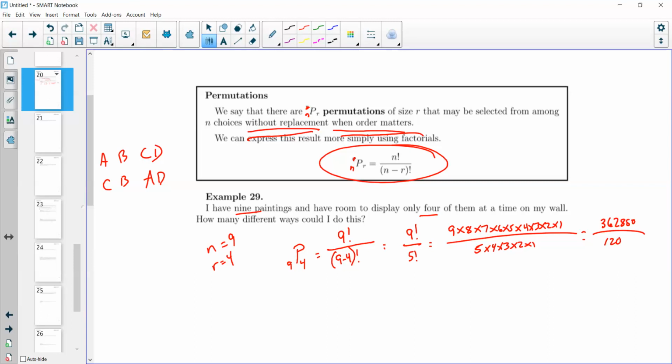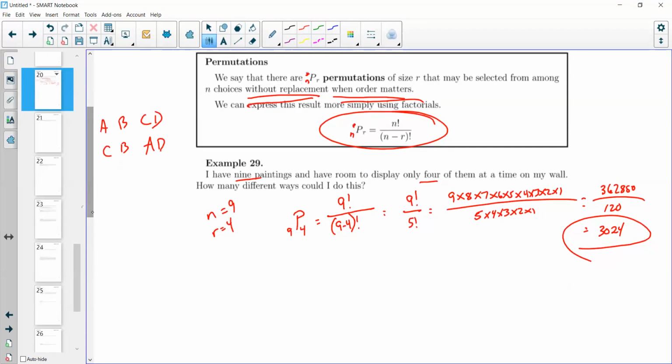Then divide that by 120, and I get 3,024. That's one way to do it. But as it gets larger, it gets exponentially larger, and eventually, most calculators, I want to say about 20 factorial, it may even be less than that, you get an error code.